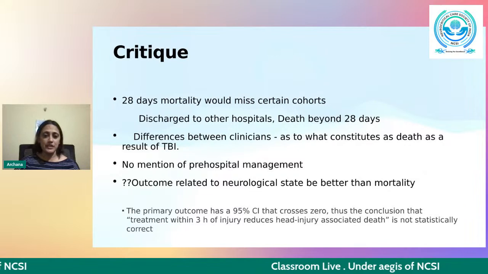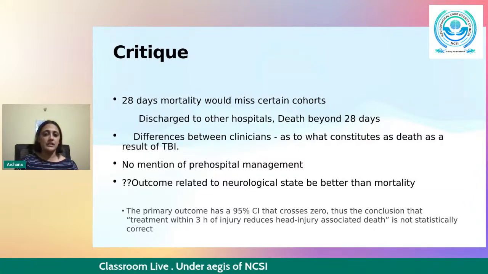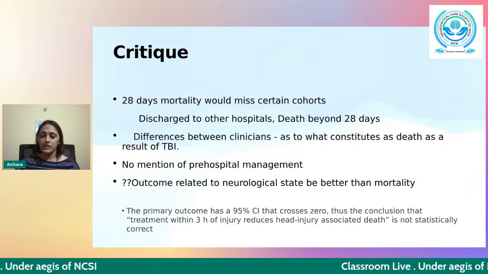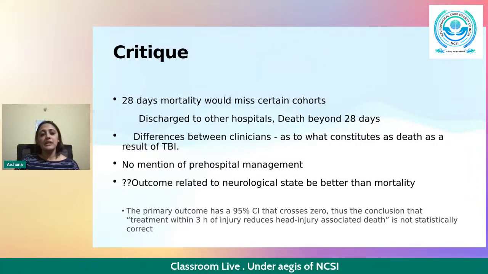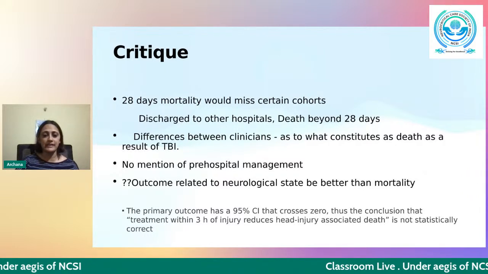That is the resuscitation measures which were undertaken, and it was not matched in the patients who received either tranexamic acid or a placebo. And they say that an outcome related to the neurological state would have been better in assessing these patients than using mortality.